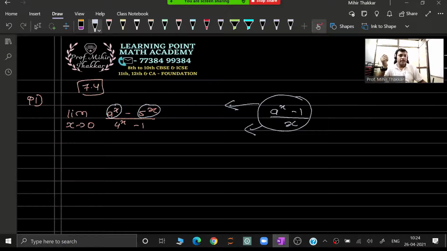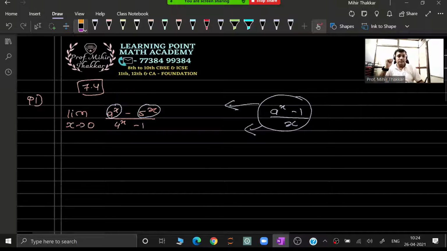So for the denominator, it is very easy for you to identify that you just have to divide by x as we did in some of our previous example. But the main problem over here is with the numerator. How do I adjust this minus 1 over here?